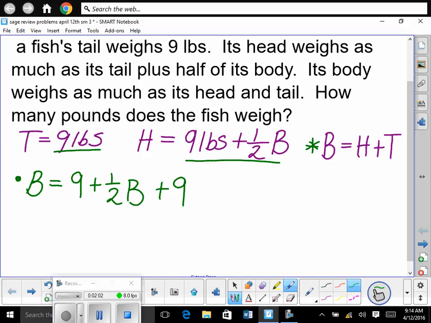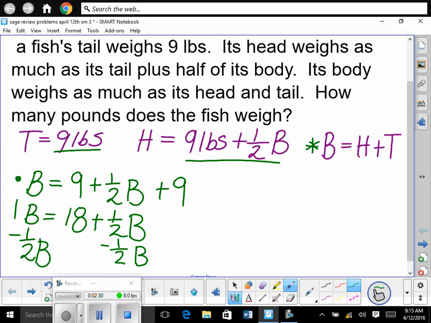Now look, in this linear equation, do we have just one variable to solve for? Sweet. So let's solve for B. Really we have B is equal to 9 plus 9, 18, right? 18 plus 1/2 B. So now you say, well, what do I do with B and this B? Well, you combine them using algebra. I'm going to subtract 1/2 B from both sides.